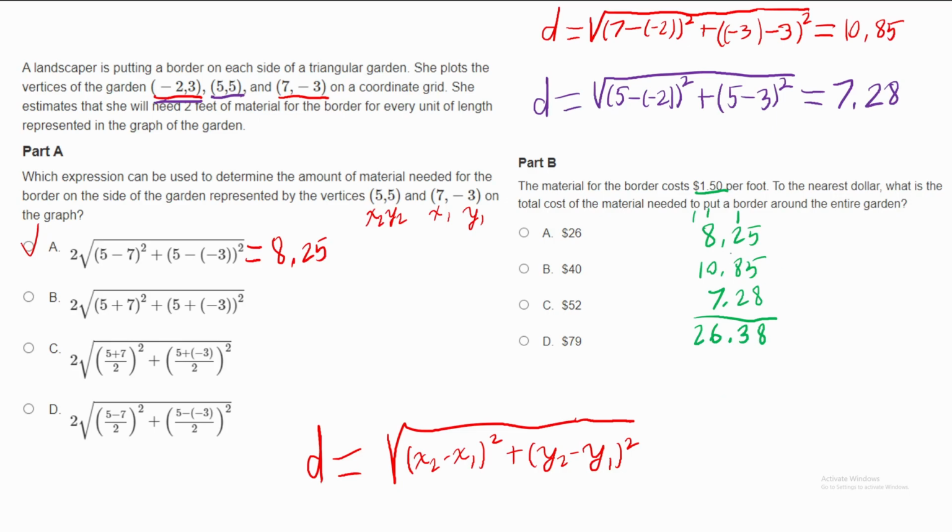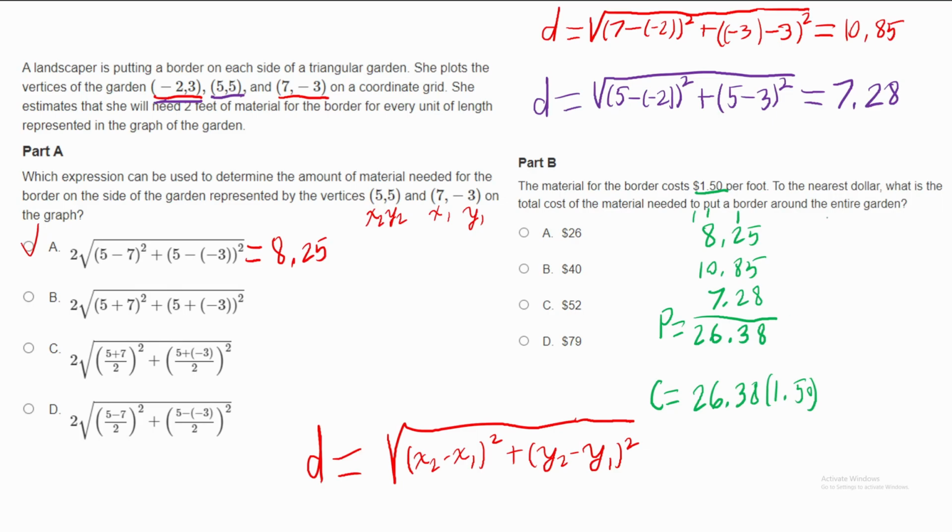But now we need to multiply that by that $1.50 to get our cost. So it gets 26.38. And I'm going to say cost equals perimeter times 1.50, right? So I'm going to do this on my calculator. We get 26.38 times 1.5.